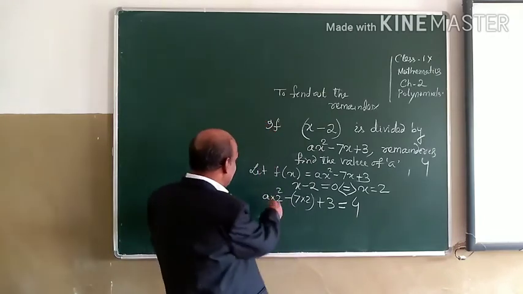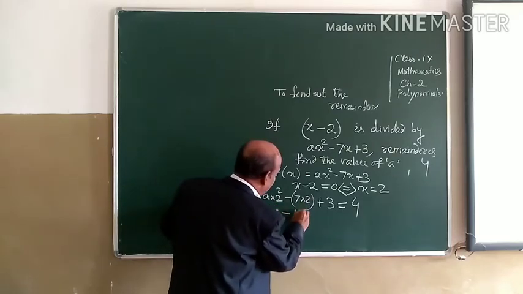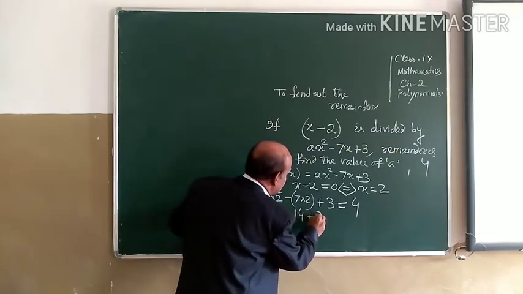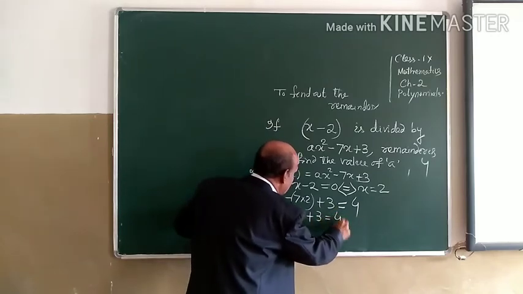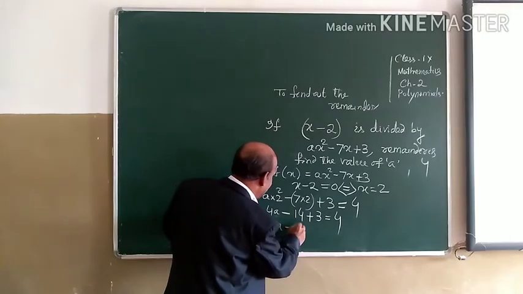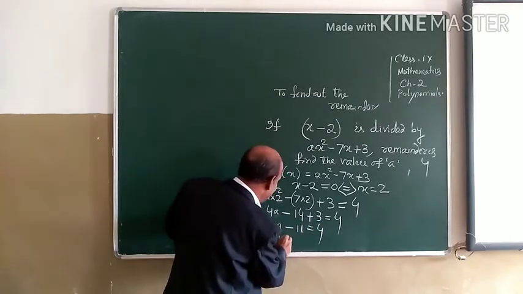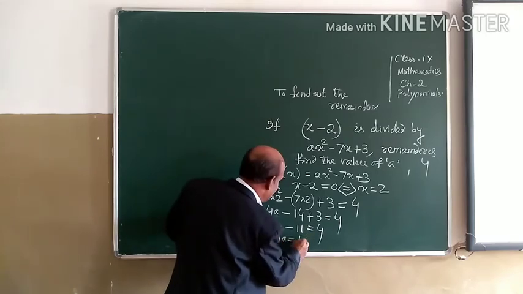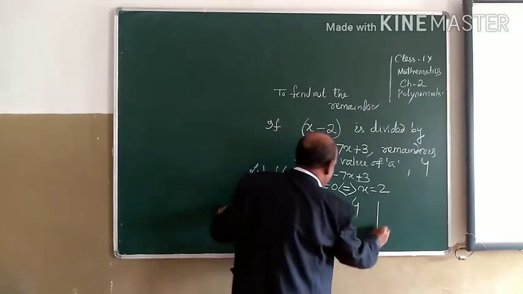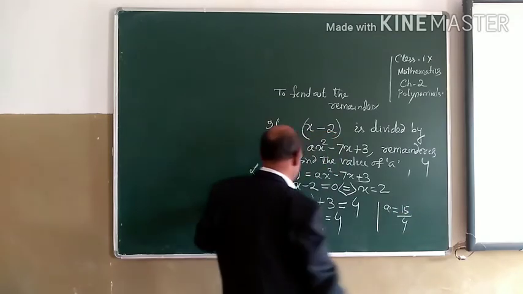So 4a minus 14 plus 3 is equal to 4. Otherwise we can write 4a minus 11 is equal to 4. So 4a is equal to 4 plus 11, that is 15. So the value of a we got is 15 by 4.